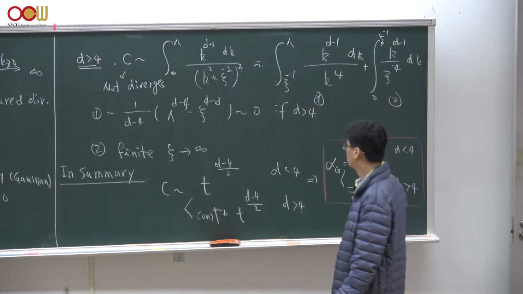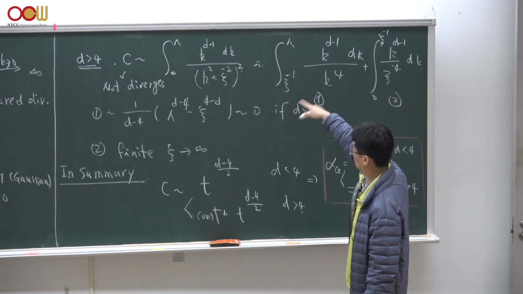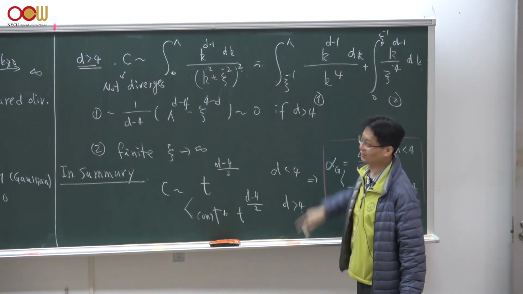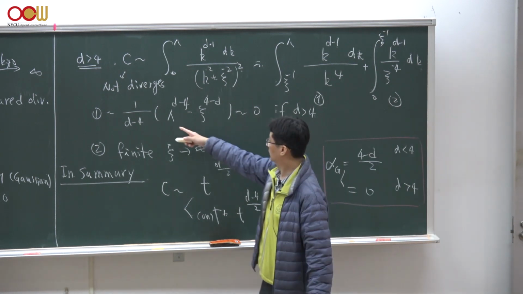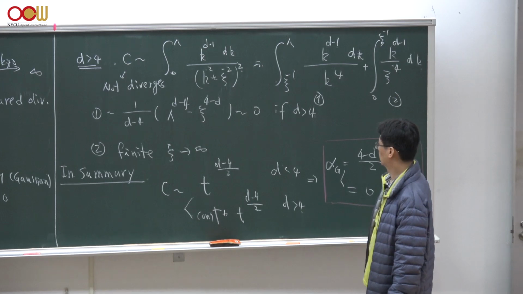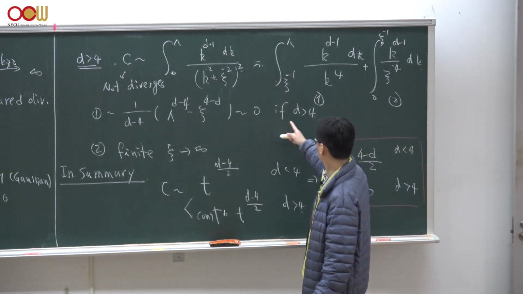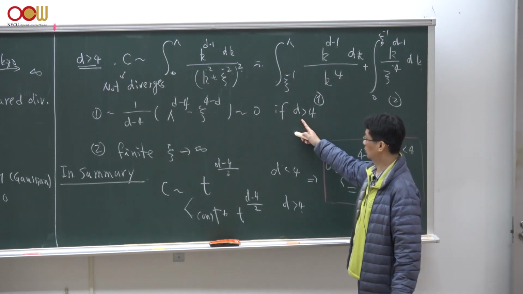And we could do power counting for the first integral, and simply integrate over this momentum and plug in the upper and lower limits of this integral, and you get that this is actually non-divergent if the dimension is above 4.